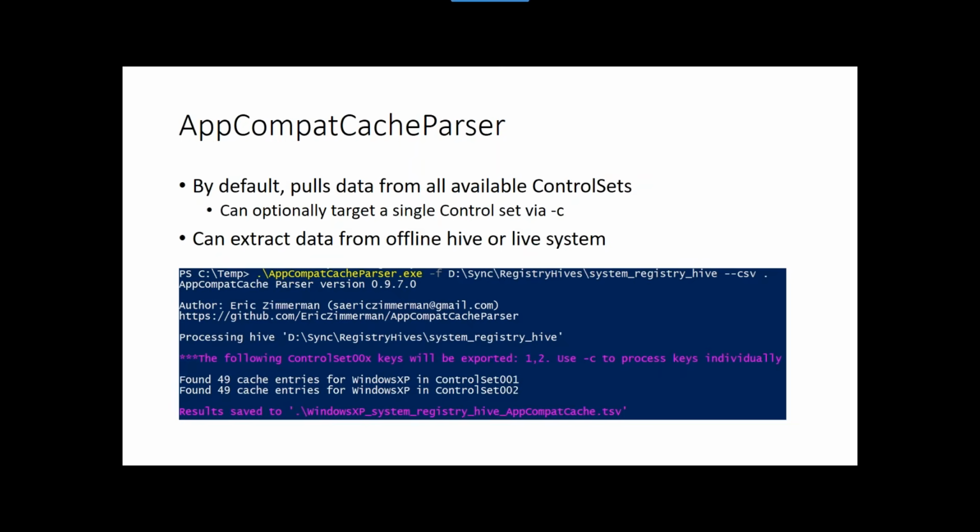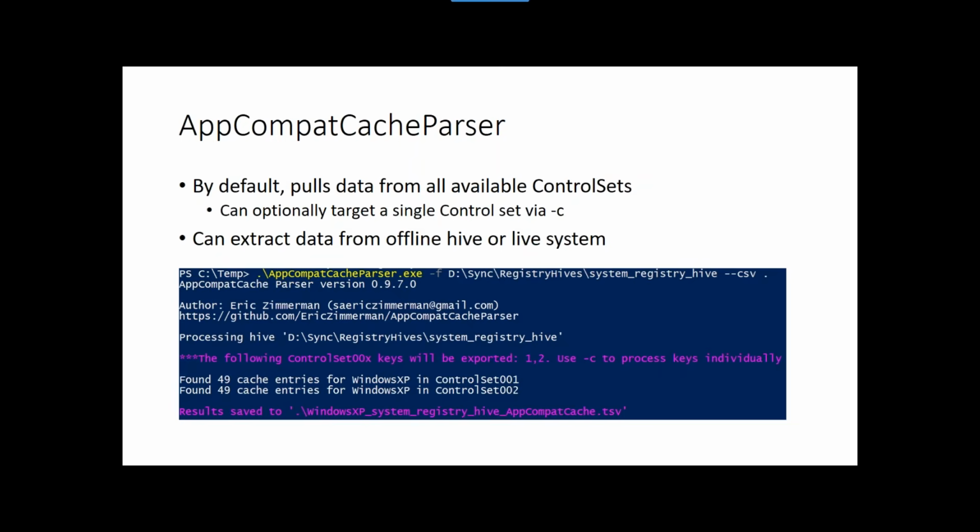And so your output will tell you which control set it came from, because there's plenty of times when both control sets match, control set 1 is equal to control set 2, but I've seen plenty of examples where there's hives where they're different. And so if the program that's doing the parsing is going into the hive and figuring out what the current control set is and only dumping that one, you may be missing an entire other set of artifacts that could help your case out.